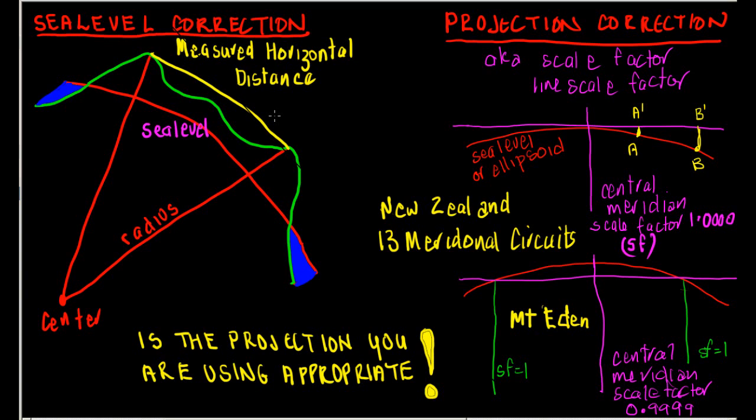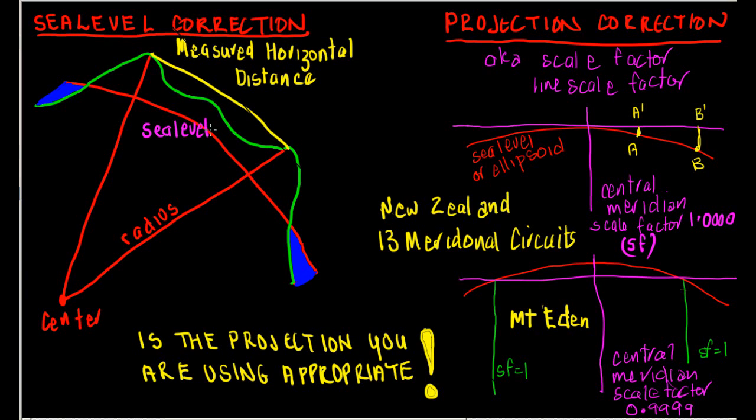And you need to consider this. Should you be applying sea level correction for the job or for the purposes of what your client wants? But just for cadastral purposes in New Zealand and for mapping purposes, all our distances are horizontal and at sea level.